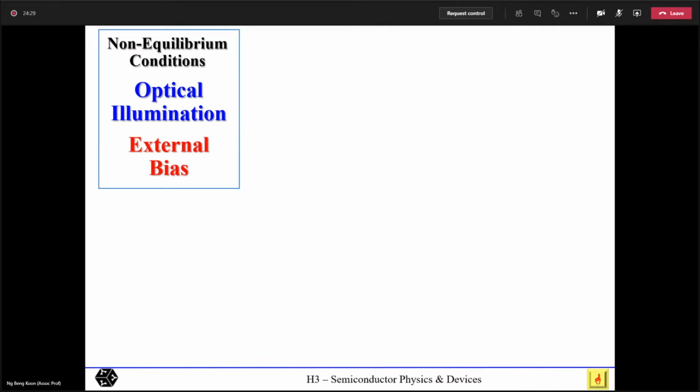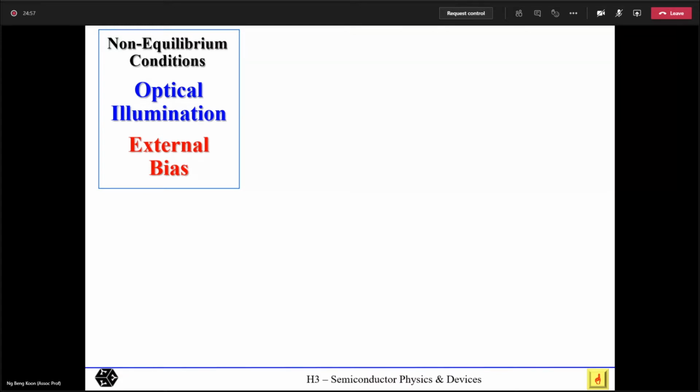First is optical illumination. When you shine light on a semiconductor, you create extra carriers, and we want to know how these extra carriers change things. The other non-equilibrium condition is external bias. Suppose you bias a semiconductor by injecting current into it, so carriers go into the semiconductor, and that leads to a non-equilibrium condition.